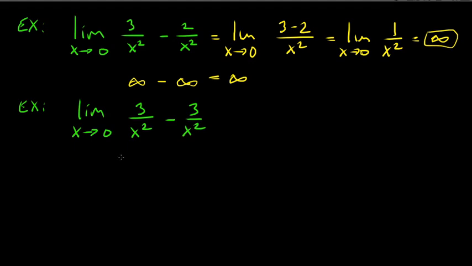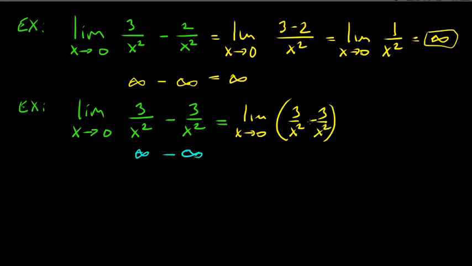Individually, of course, this is still infinity minus infinity. But when you simplify, you're just subtracting a term from itself. 3 minus 3 is 0. So take the limit as x approaches 0 of 0. That's where you get 0.